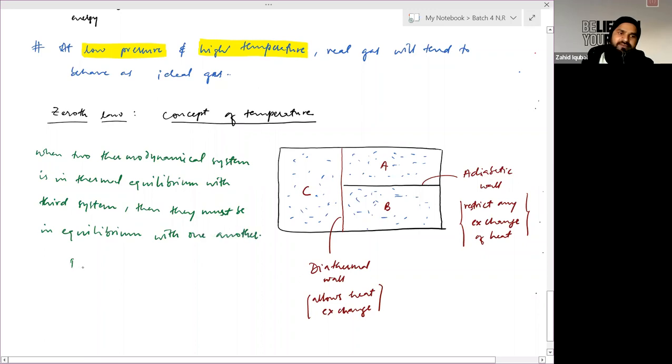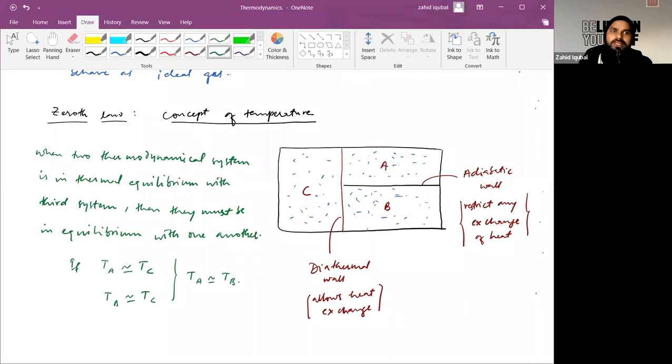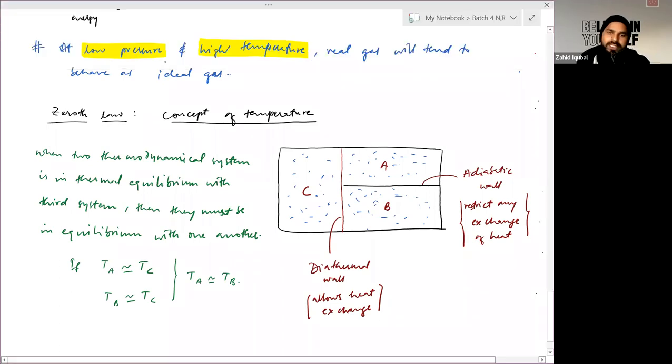It means if A and C are in thermal equilibrium, and B and C are in thermal equilibrium, then A must be in thermal equilibrium with B. So in this whole part, we can say temperature is the physical quantity which is responsible for the exchange of heat between any two thermodynamical systems till they acquire equal temperature. Is it clear?